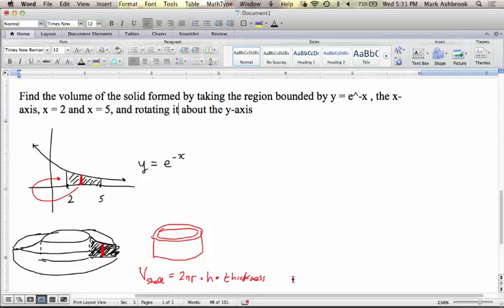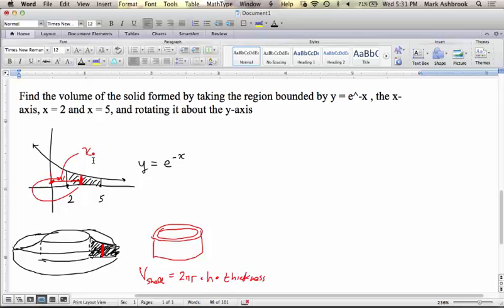Okay? So what is the radius of our shell? Not 2 pi x. What is the radius of that right there? Just the radius. What coordinate is it? X. It's x.